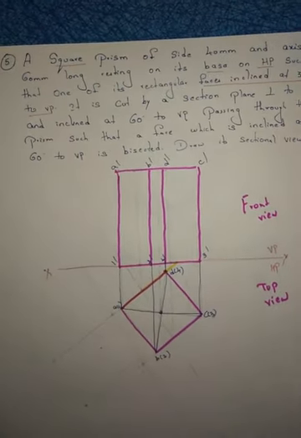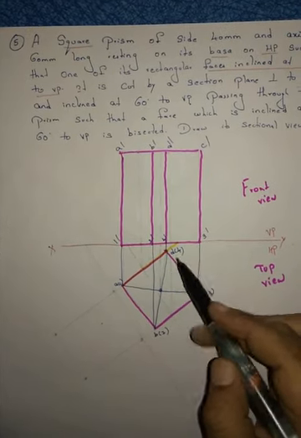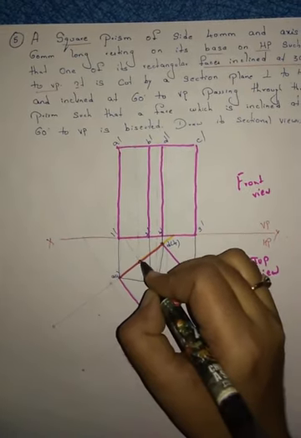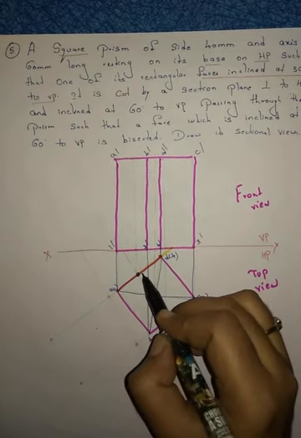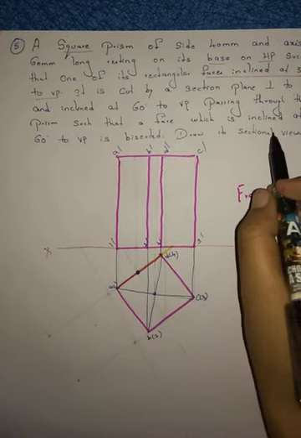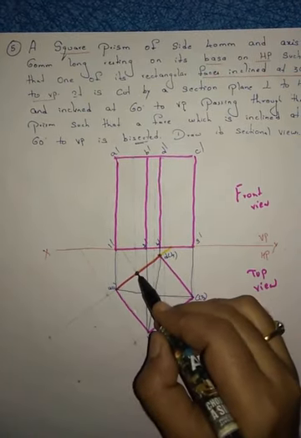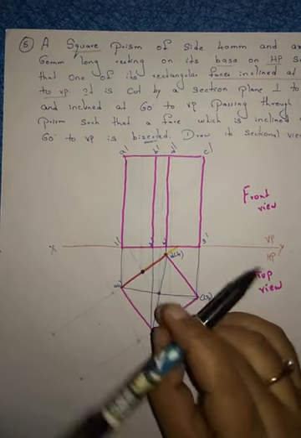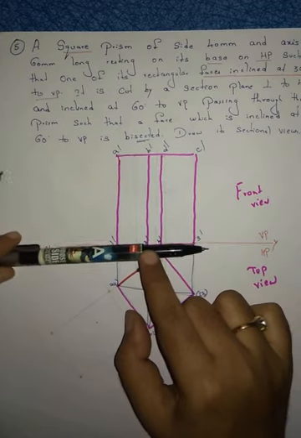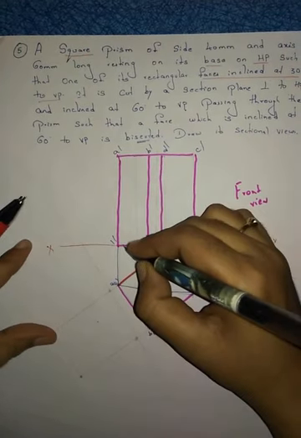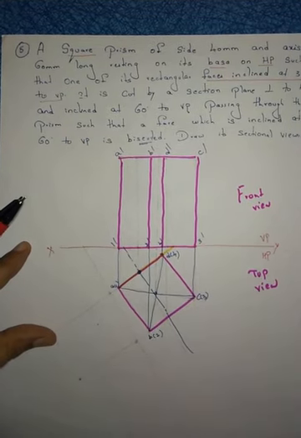So what they are saying: these are the faces of the prism. Take any one of the faces and mark the midpoint, the bisected midpoint. Just keep your protractor on this line, move your protractor and see where 60 degrees touches this midpoint.